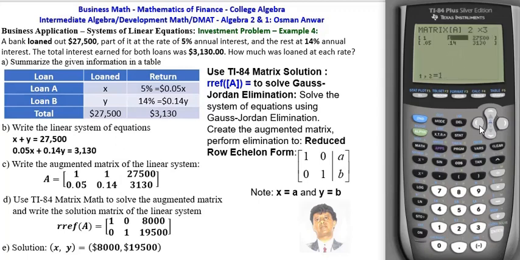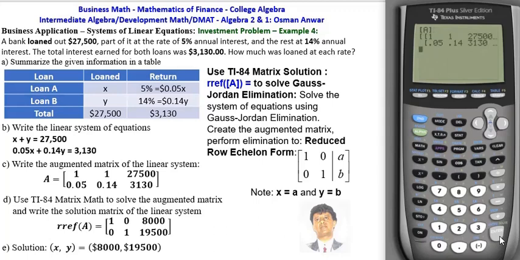So the x values are 1.05, the y values are 1 and 0.14, augmented with 27,500 and 3,130. Okay, do second quit, second matrix, hit enter, make sure the entries are correct.